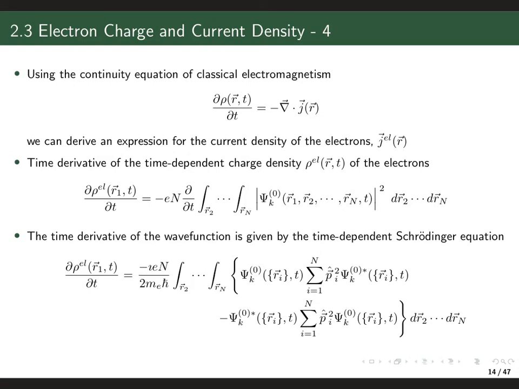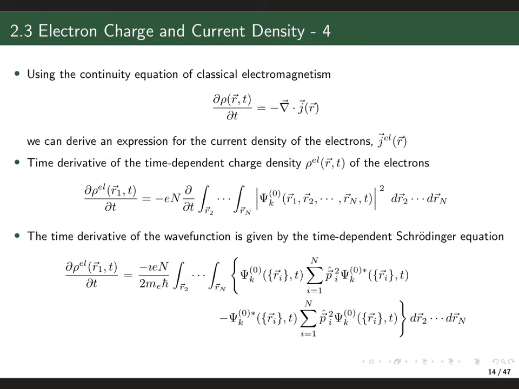the charge is flowing. Now, in order to derive an expression for this current density, we start from the continuity equation of classical electromagnetism, which relates the time derivative of the charge density to the divergence of this current density.